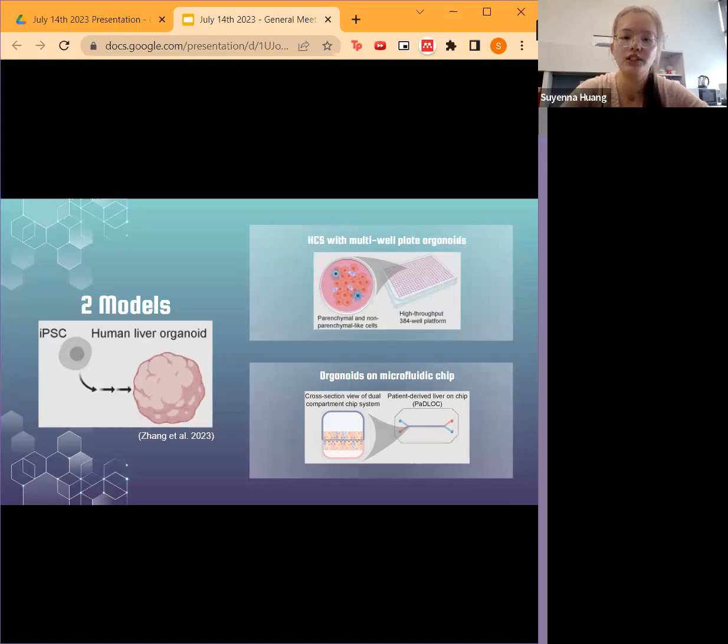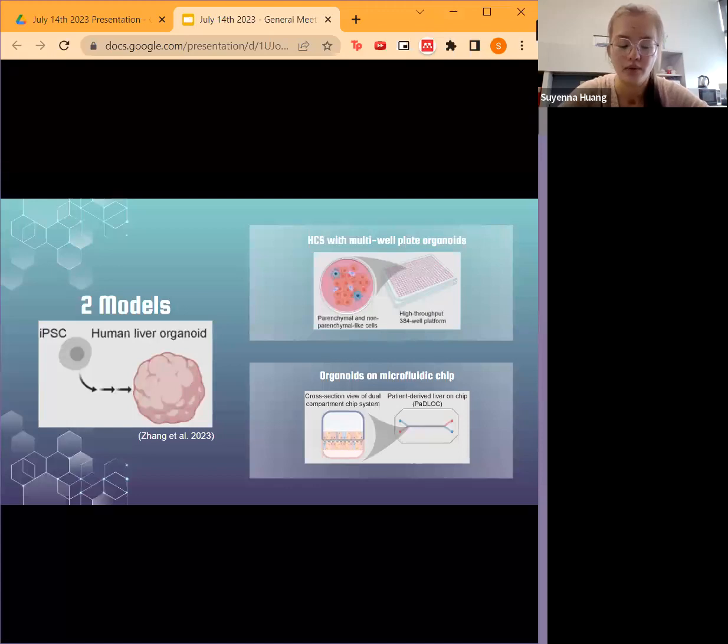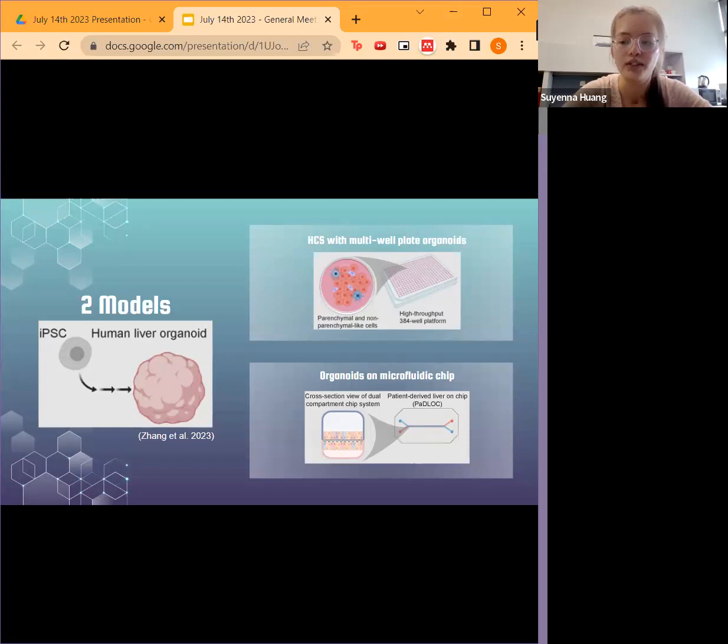In brief, this chip has very small channels where you can put matrix, and you can also flow nutrients, oxygen, and media, and control the rate at which these components are flowed. So the organoids are put in an environment that closely mimics what you see in vivo. In both of these models, the organoids are exposed to the same set of compounds as the ones on the plate.